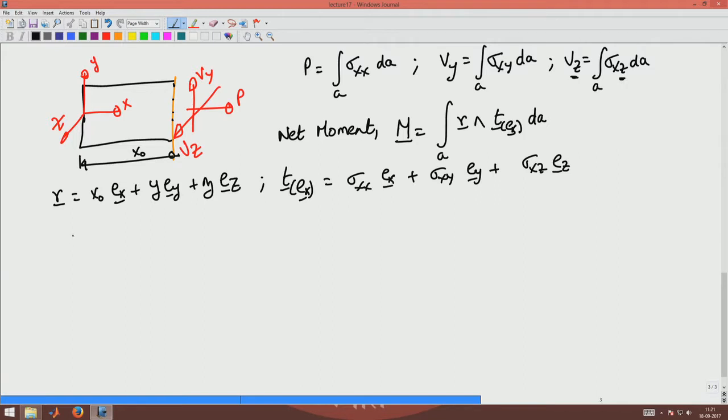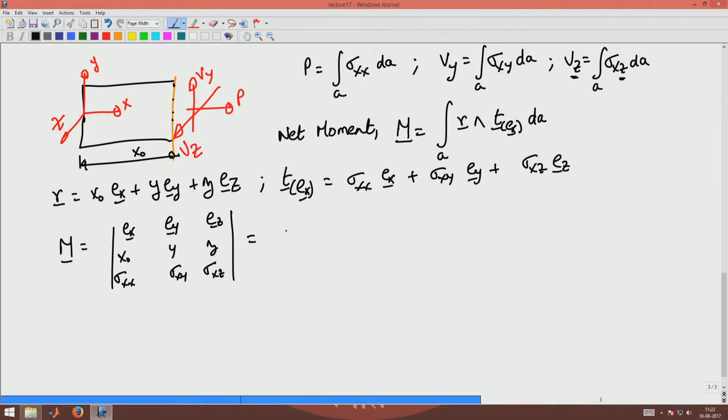So, now r cross f, the moment, would be the determinant of Ex, Ey, Ez; x naught, y, z; sigma xx, sigma xy, sigma xz. It is a shortcut, but that is okay.